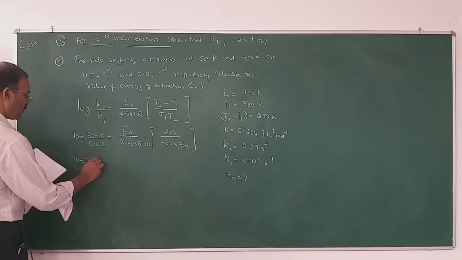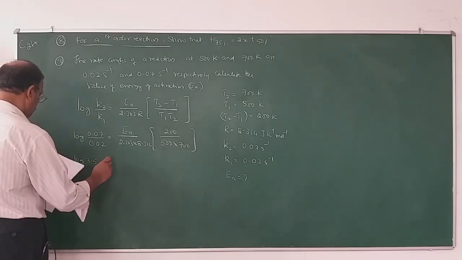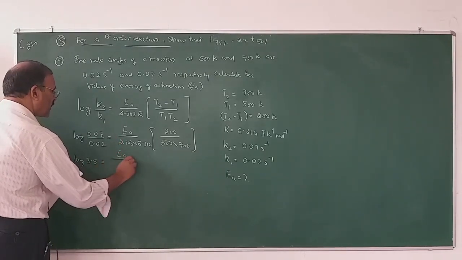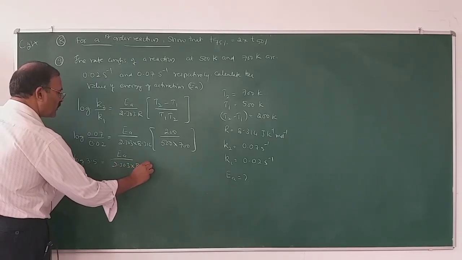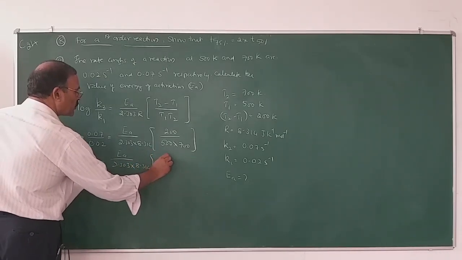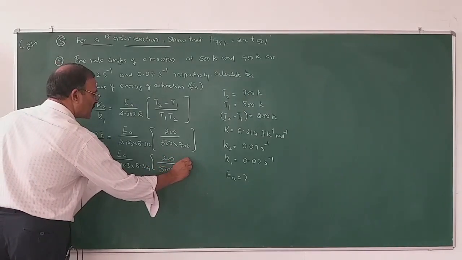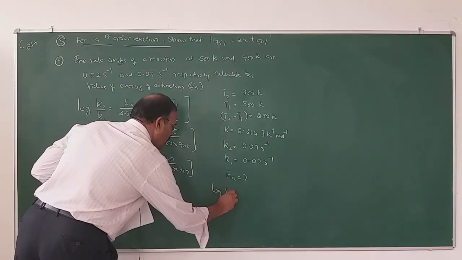log 3.5 equals EA divided by 2.303 into 8.314 into 200 divided by 500 into 700. So what is the value of log 3.5?